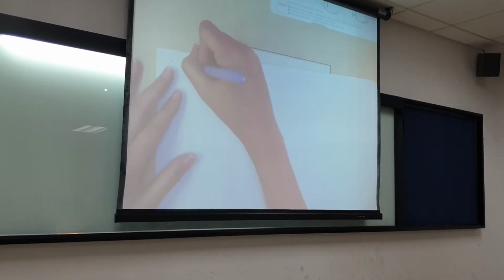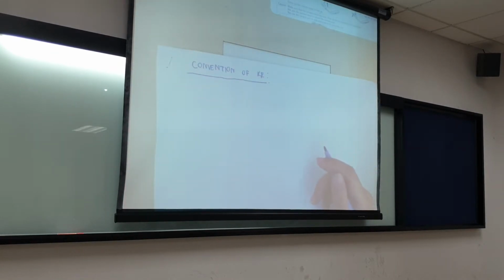Okay, let's now discuss the conventions associated with Kirchhoff's rules. The first two conventions relate to the loop rule and identify voltage lifts and drops.